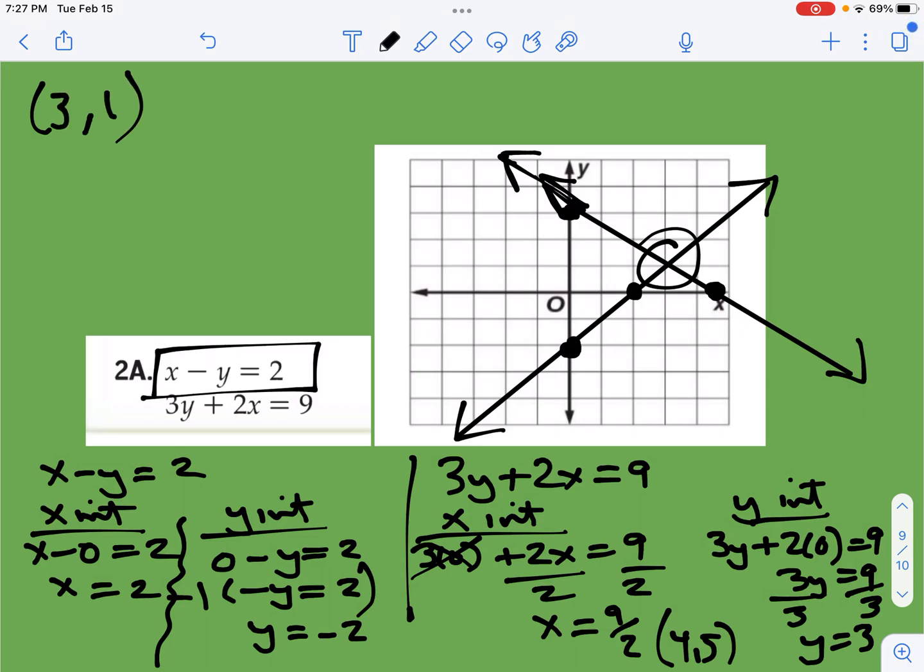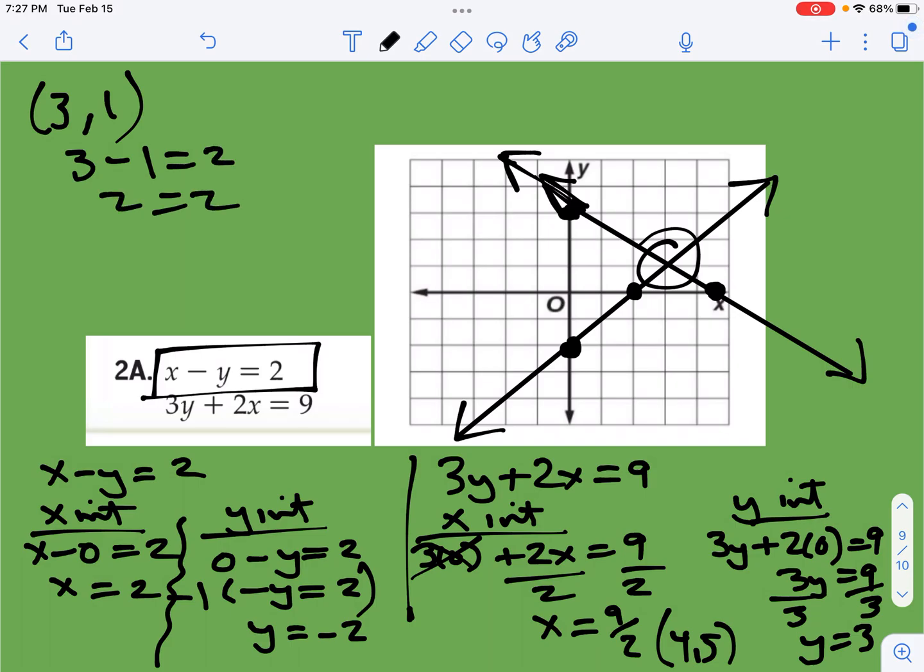So let's put this into both of our equations and see if it satisfies both of them. Because the thing is, when you check your solutions on these, you have to check them in both of the equations, or it doesn't work. So if I put this in the first one, it's just 3 minus 1 equals 2, which is 2 equals 2, so that's good.